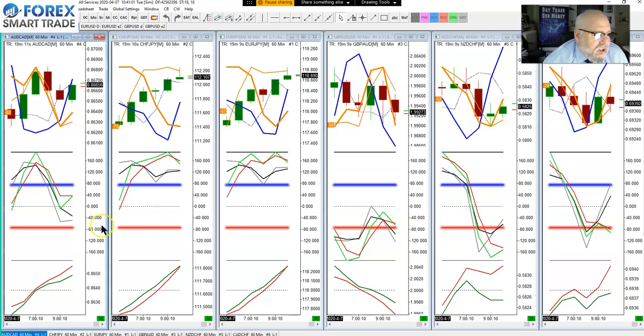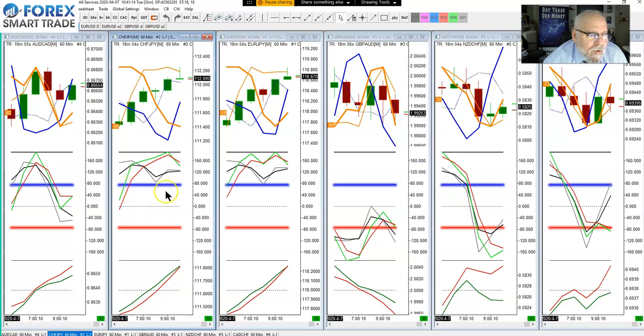Australian Canadian dollar. We're in the middle of the channel, and it looks like they're changing directions. Swiss franc yen, overbought. I've got the majors pointing down, but the minors aren't.